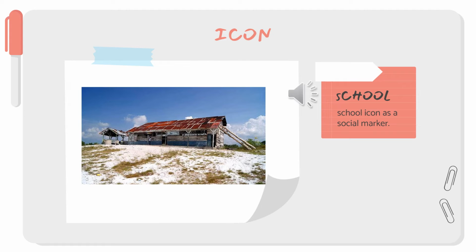This is in contrast to the PN Timah school. PN school is a school that has luxurious facilities: libraries, swimming pools, and student transport buses are facilities provided by PN school. The opposite conditions of the two schools are an icon of the social markers of the two schools.